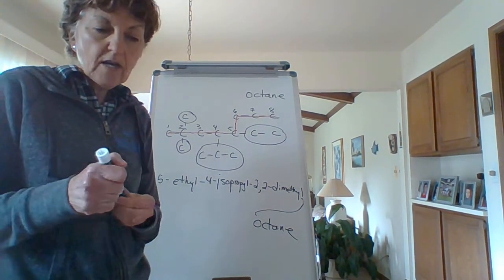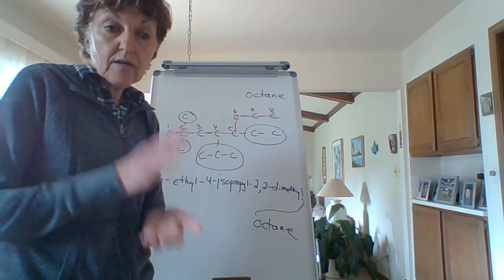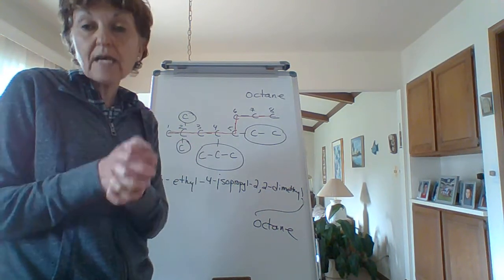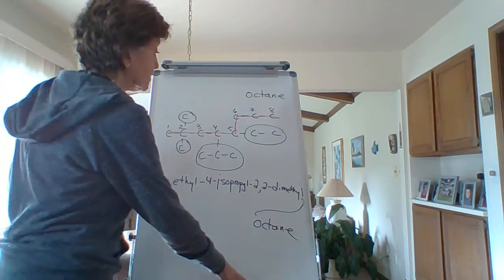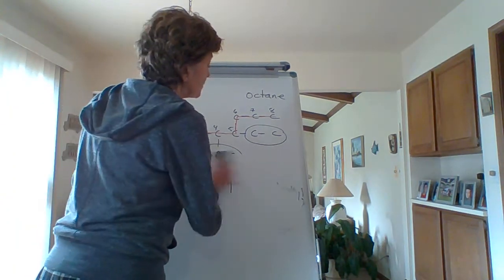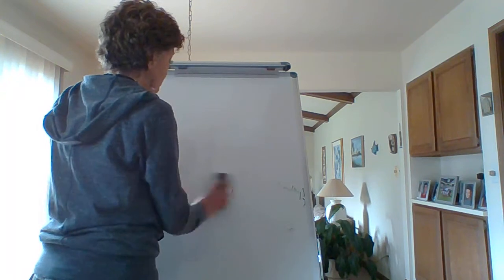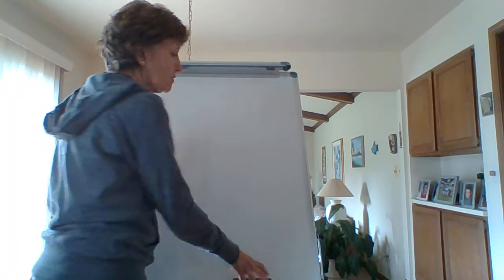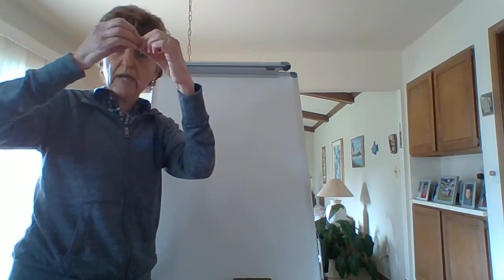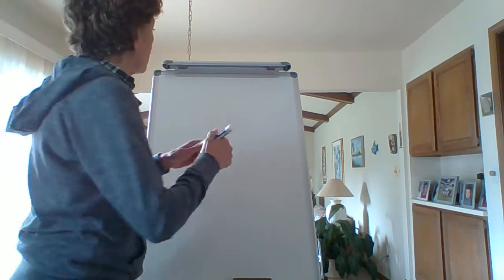All right? We can leave this now, and we can get into cycloalkanes, which are cyclical structures. This is when you take an alkane and you get rid of 2 hydrogens and you make the end carbons loop around and connect with each other. So think of this.